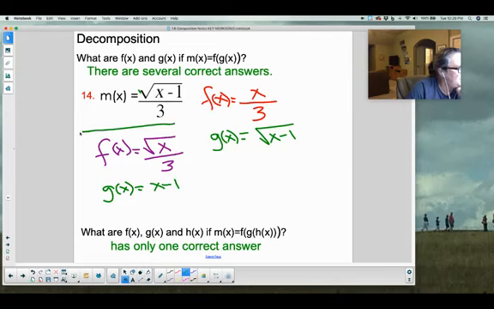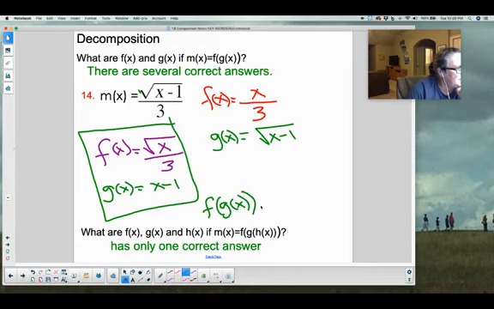If I put those two together, does it work? If I'm doing f of g of x, my f of x is the square root of something divided by 3, and my g of x is x minus 1.